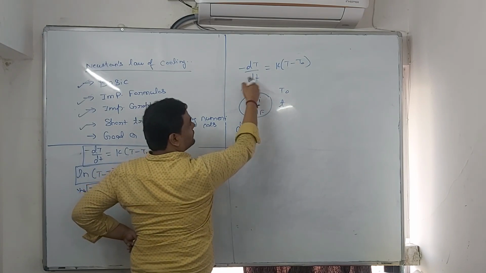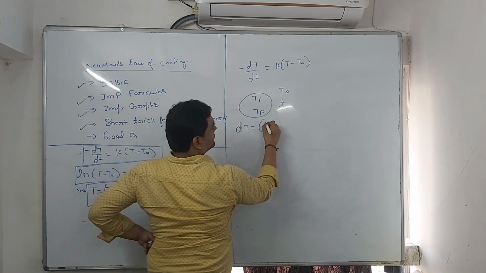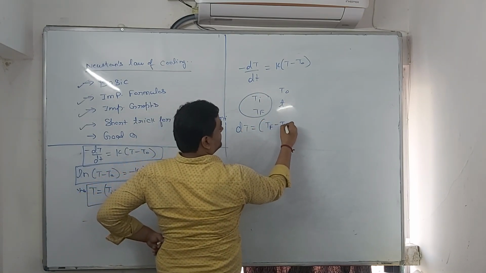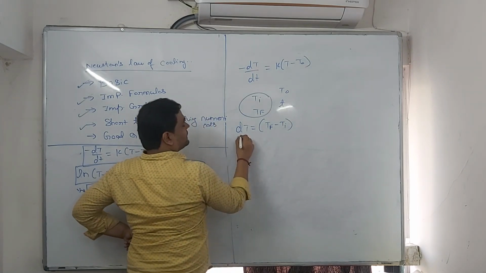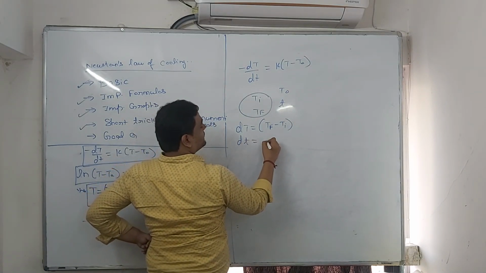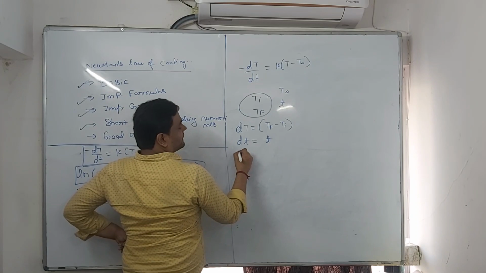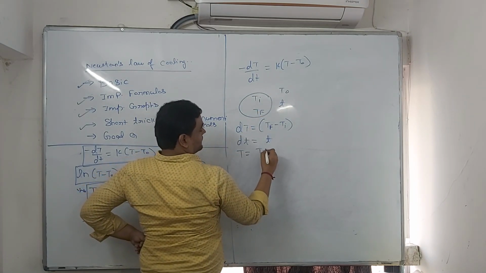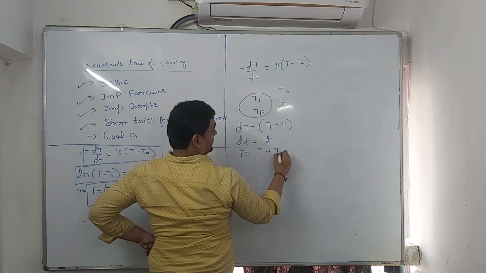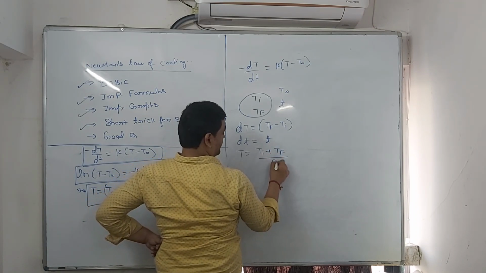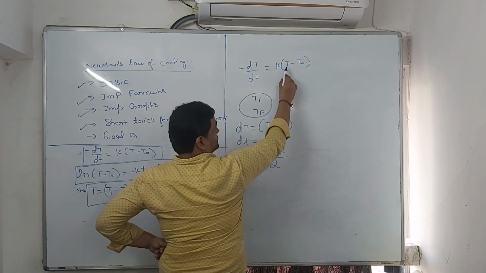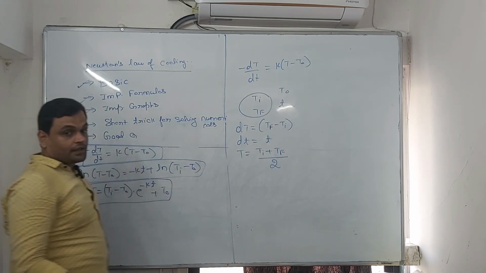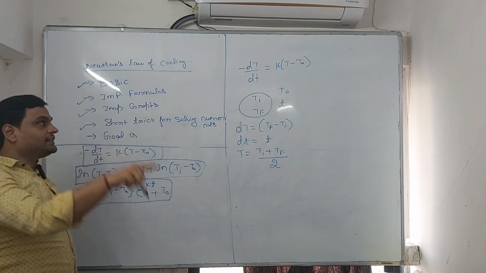So in place of dT, what can you write? Temperature final minus temperature initial. In place of small dt, what can you write? t. In place of T, what can you write? Temperature initial plus temperature final divided by 2, because this will continuously vary. There is a continuous variation which is linear.